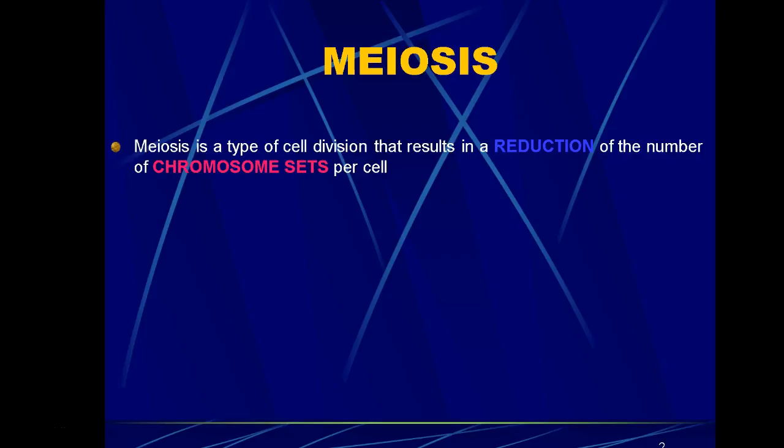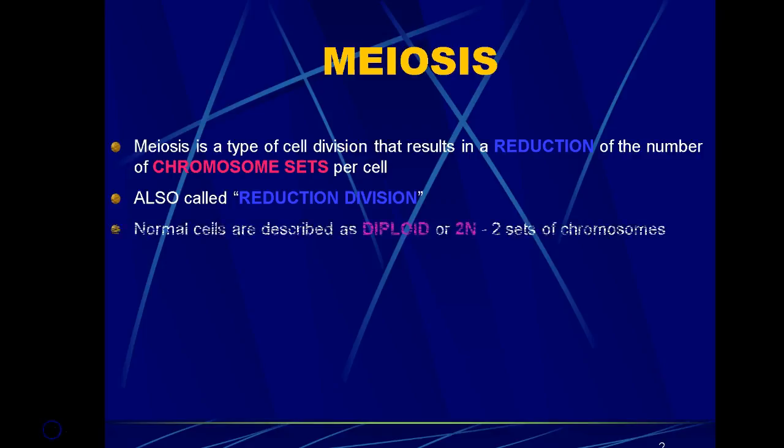So that when their nuclei fuse, the offspring has the same number of chromosomes as the parent had. If we didn't reduce the number of chromosome sets per cell, then that new organism being created is going to have way too much DNA, and it's going to have some problems. So this process is also called reduction division.